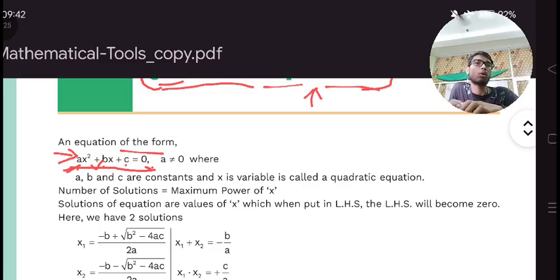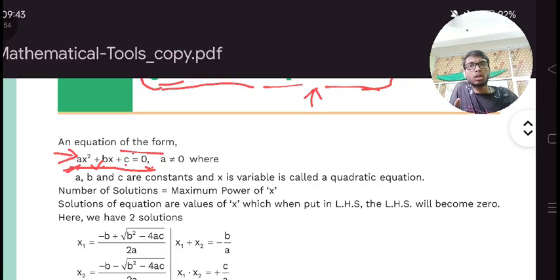So remember, all these are nothing but operators. Plus, minus, multiplication, division, all these are operators of mathematics. You will have to clarify which operator.